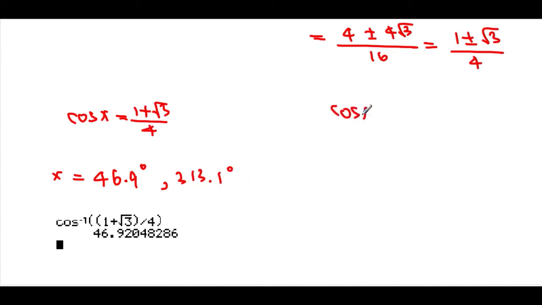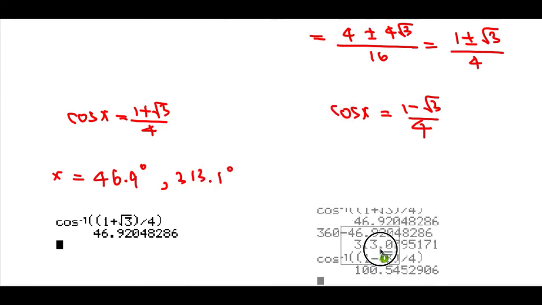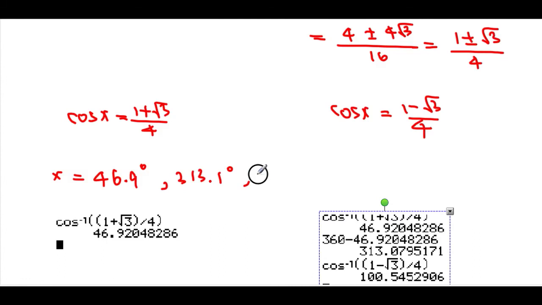And then cosine of x could have been equal to 1 minus radical 3 over 4. So then here, I'm going to reuse this one, except that the sign in the middle has to be minus. Then we get 100.5 degrees.